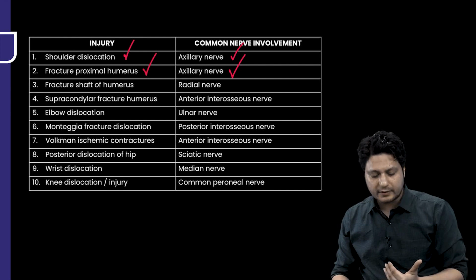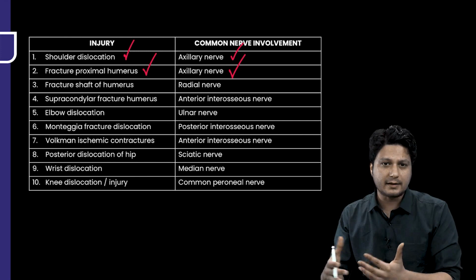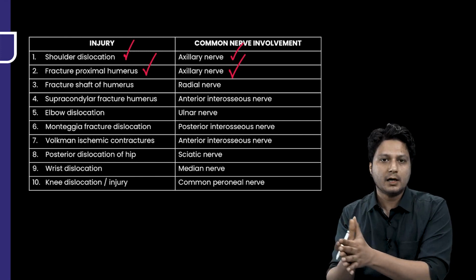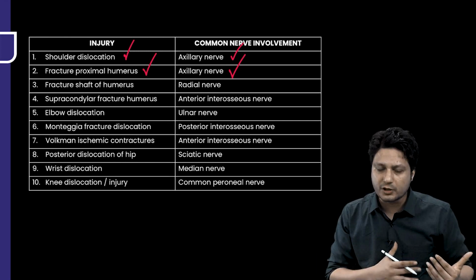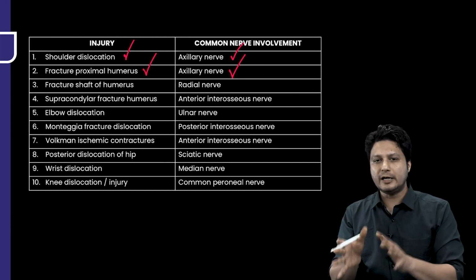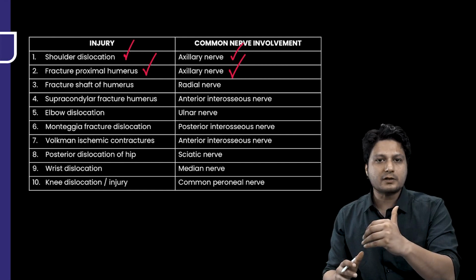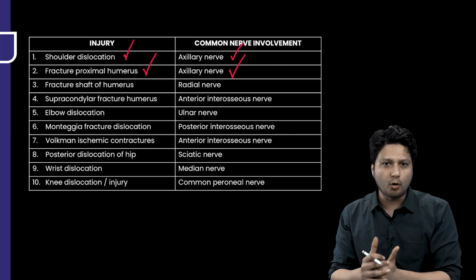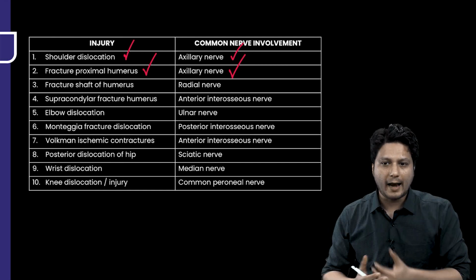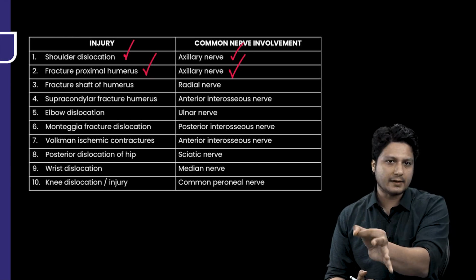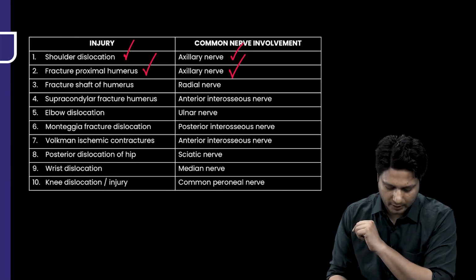At this point of time itself, you have to revise it and learn it, so that in future it becomes much easier to answer these questions. But there is nothing you need to mug up, because with a fracture, the nerve associated with that bone is going to be injured most commonly, and around the shoulder it is always the axillary nerve that you have to remember.